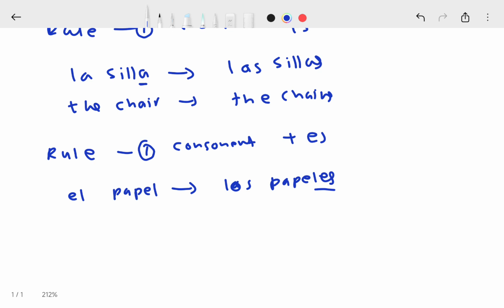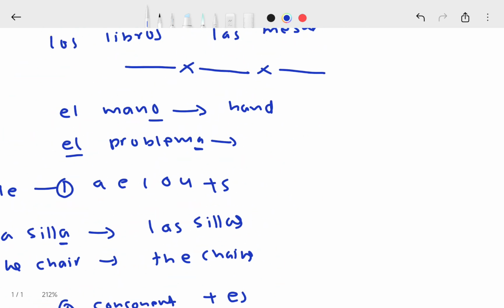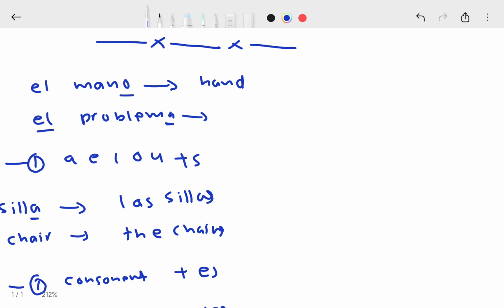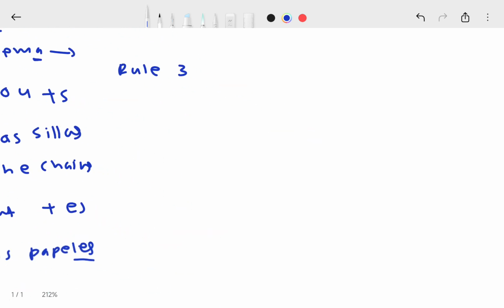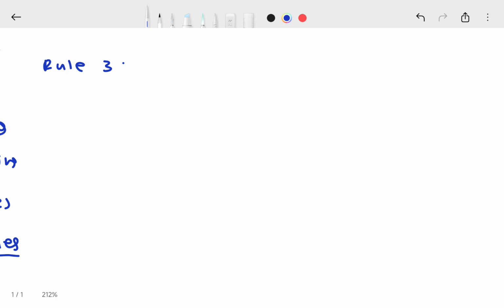So third: if it ends with z, then what we do is change z to c and add es.